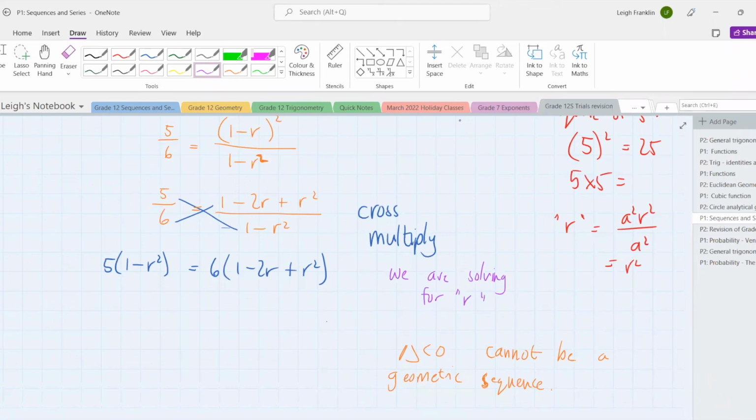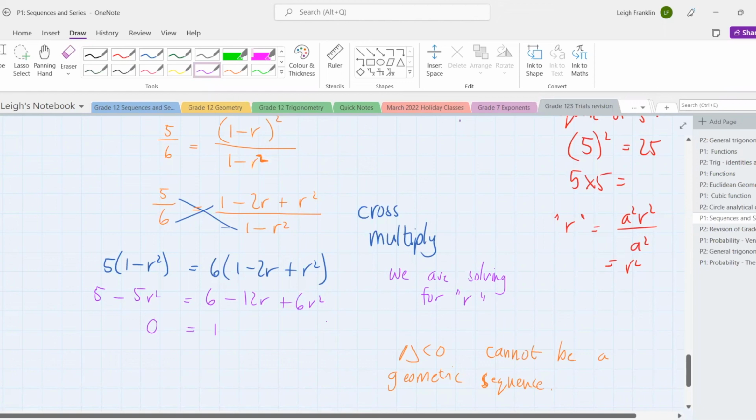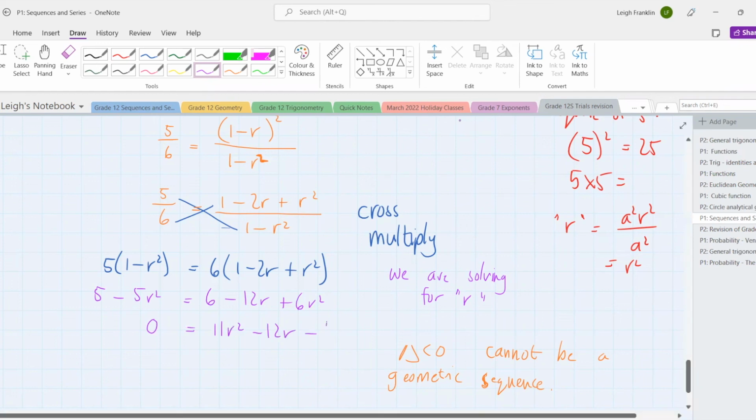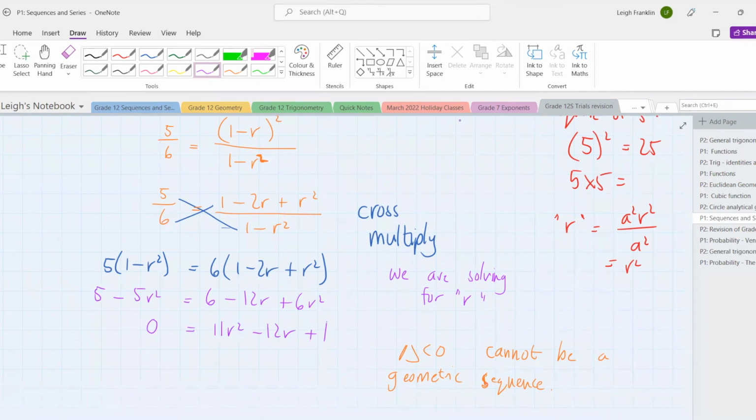All right, so now we're going to expand our brackets. Get everything on one side. Sorry, that should be plus. So 6 minus 5 would leave us with 1. And now when we get to this point over here, what are we going to do?